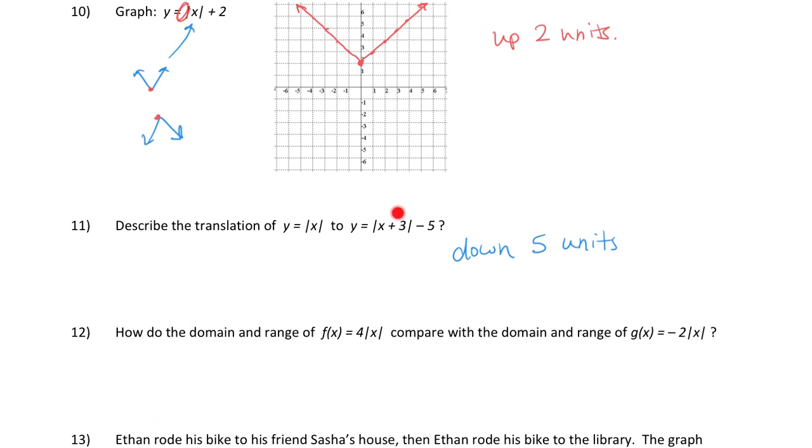Now the other thing is we have inside the absolute value bars this x plus 3. Anything that's in with the x, whether it's in parentheses with x, in absolute value bars with the x, in an exponent with the x, that's going to be a horizontal shift. Our x is our horizontal variable, and this is going to shift our graph horizontally.